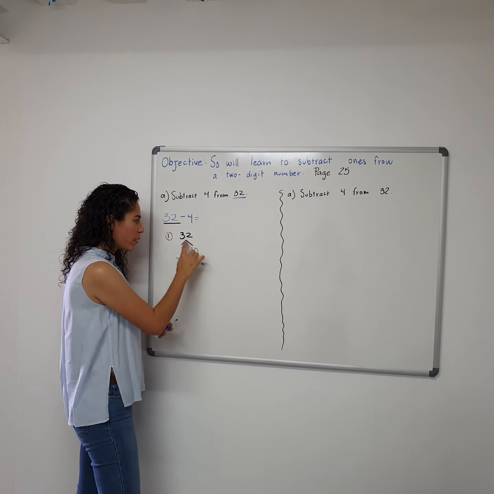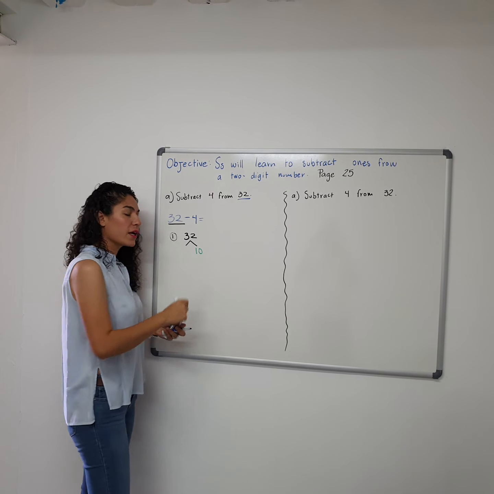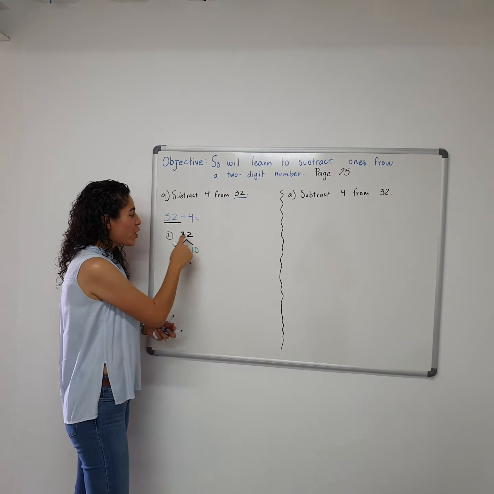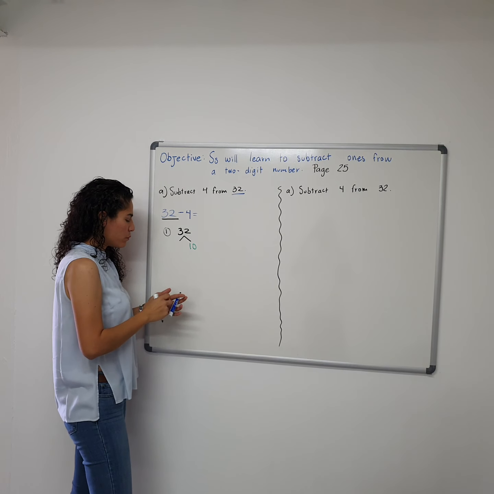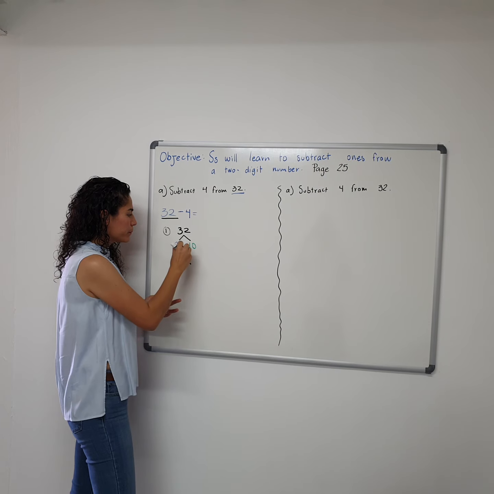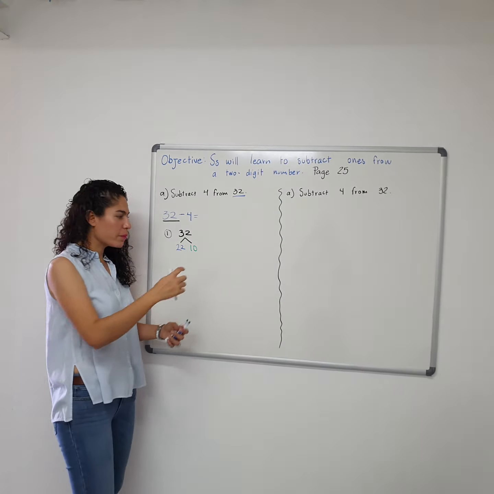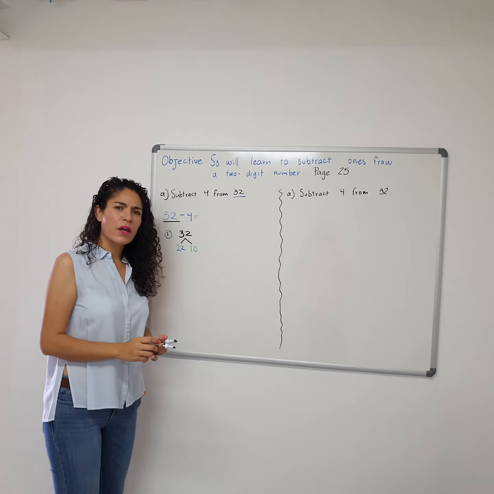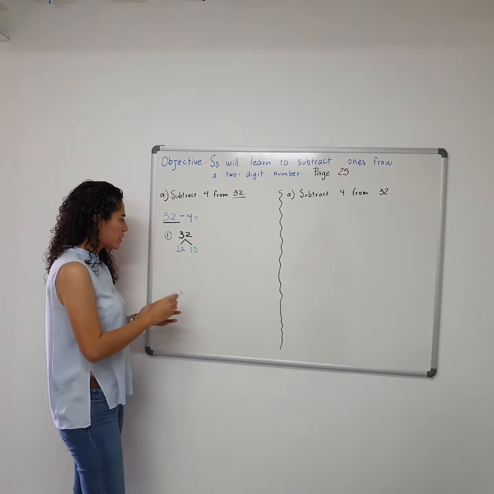Always. The number 32, if you take a 10, the rest is going to be 22. Okay? Always. The first part, you need to split it up and get this 10. Why is this important? This is going to take us to the second step.